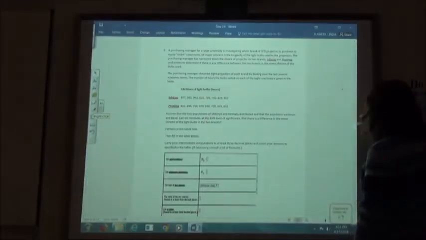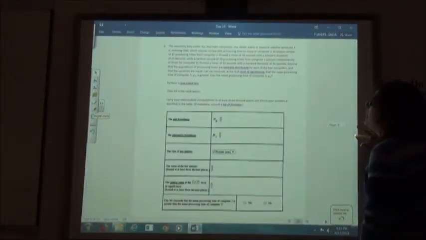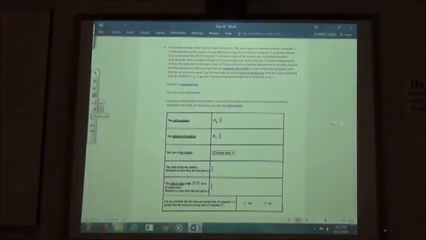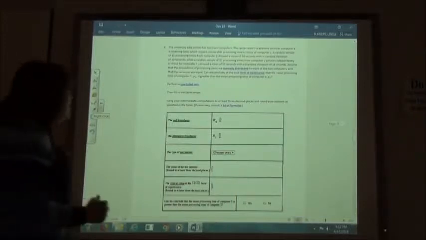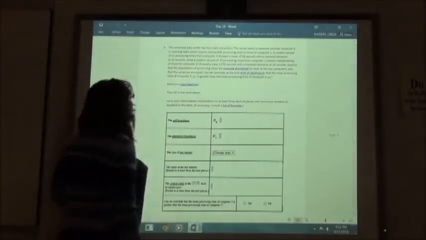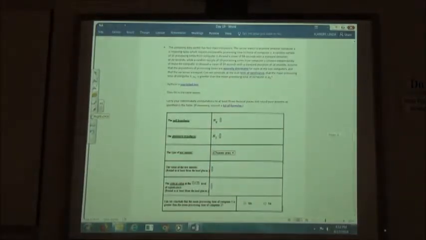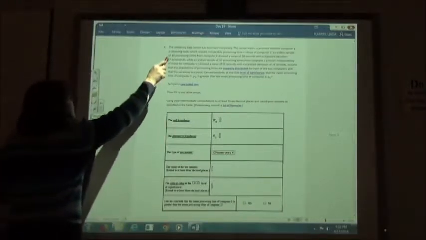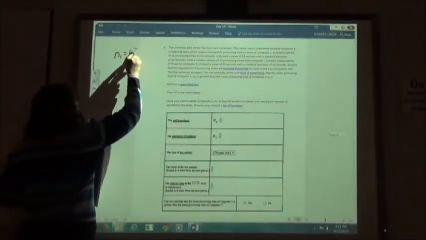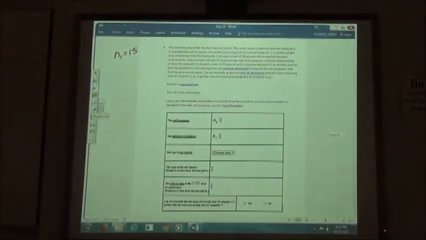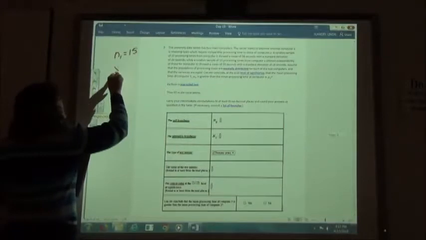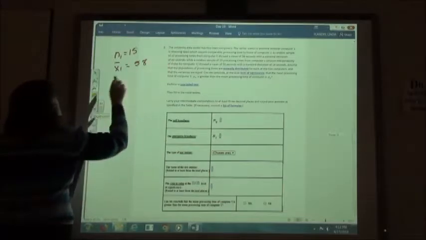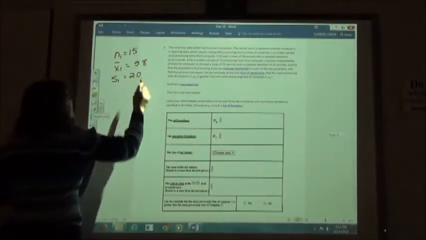Number 9, same kind of thing. Good, they gave us all the data. We don't have to figure it out. So, the University Data Center has 2 main computers. The center wants to examine whether computer 1 is receiving tasks which require comparable processing times to those of computer 2. A random sample of 15 processing times, N1 is 15, from computer 1 showed a mean of 58 seconds, so X bar 1 is 58 seconds, with a standard deviation of 20 seconds, so S1 is 20.